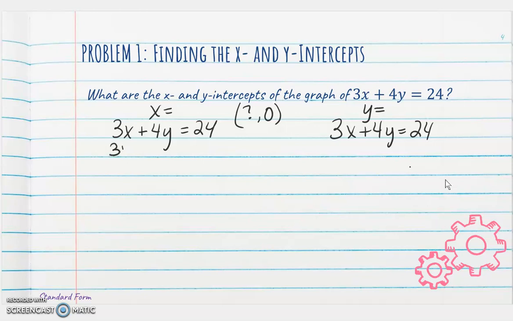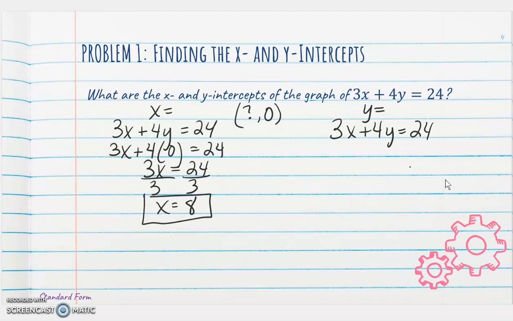So we're going to plug in 0 for the y, and that'll give us our x value. We can just solve for x, isolating that x. So x equals 8. This means when x is 8, y is 0.